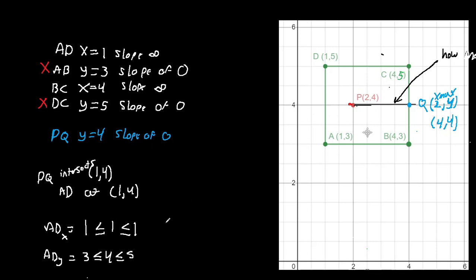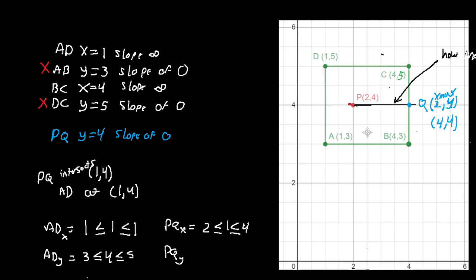So now let's do PQX and PQY. Right, so PQX, the lowest x we have is 2, is less than or equal to the x of the point of intersection is 1, less than or equal to the x coordinate of Q, which is 4. Well, wait a second.